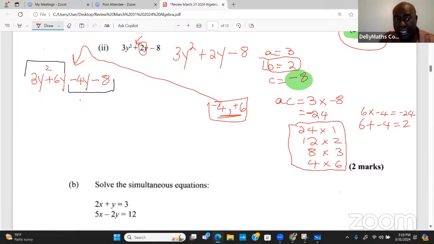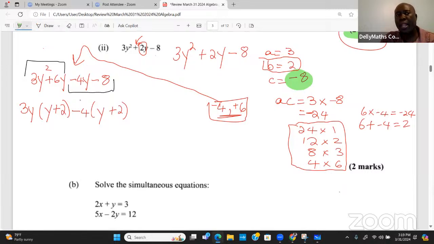For the first group, 3y squared plus 6y, I'm going to use 3y as my common factor. 3y into 3y squared will leave me with y, and 3y into positive 6 will leave me with positive 2. Now for my other pair, minus 4y minus 8, my common factor is going to be minus 4. If I divide minus 4 into minus 4y, I'm left with positive y. And when I divide minus 4 into negative 8, I'm left with positive 2.